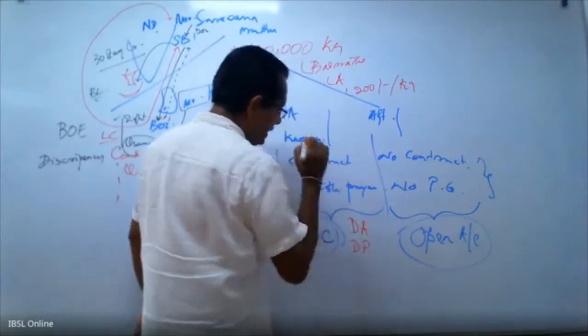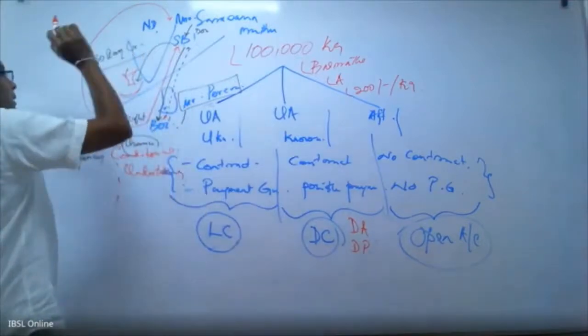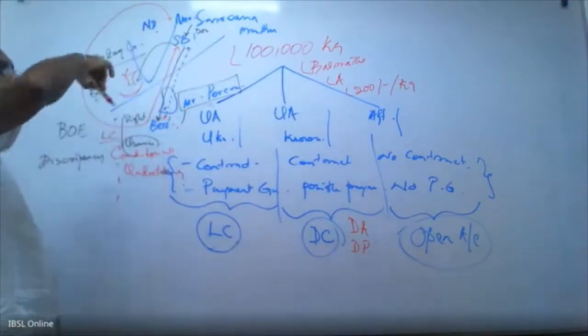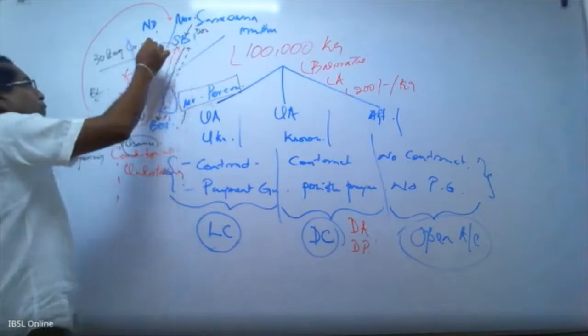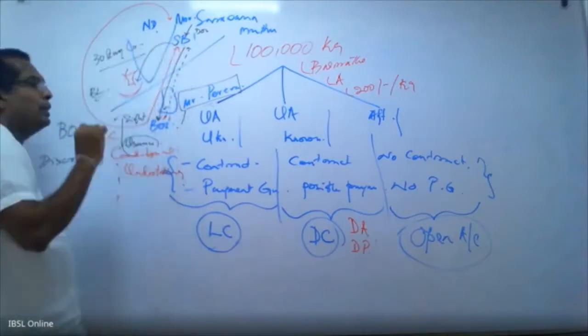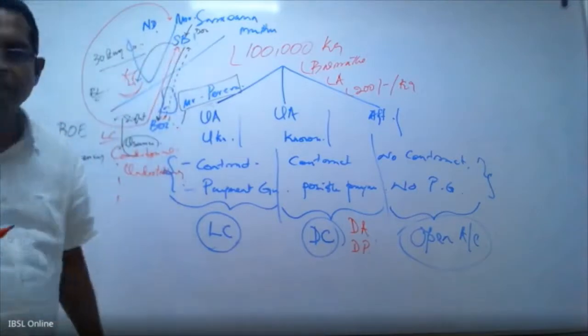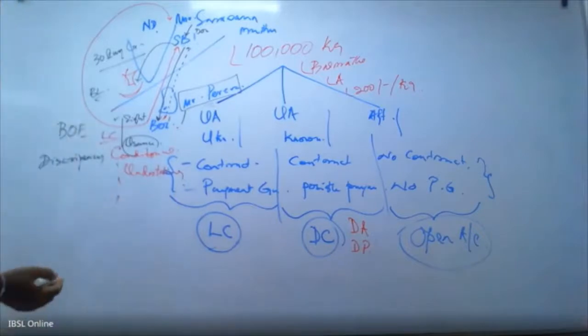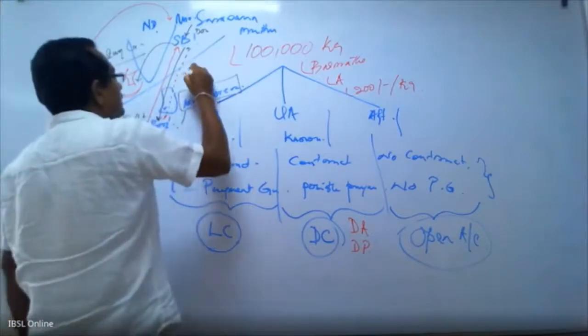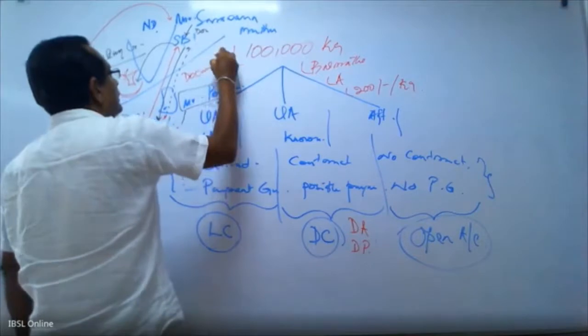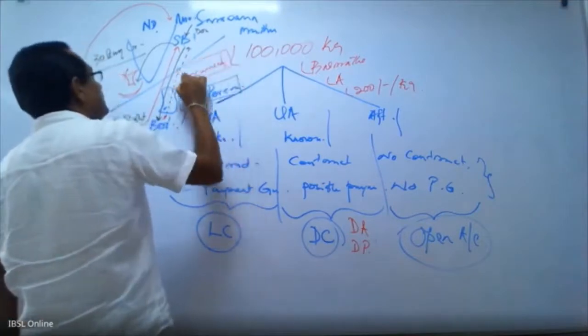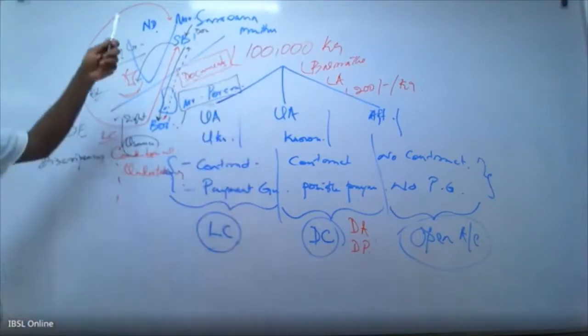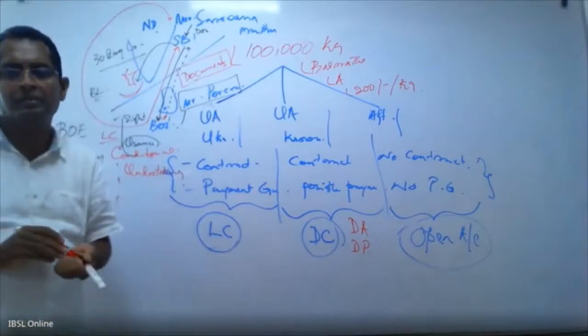DA or DP. Right? In international trade, physically goods come to the customs border, but the ownership comes through the documents. Right? Without the documents, you can't go and clear the goods from the customs.